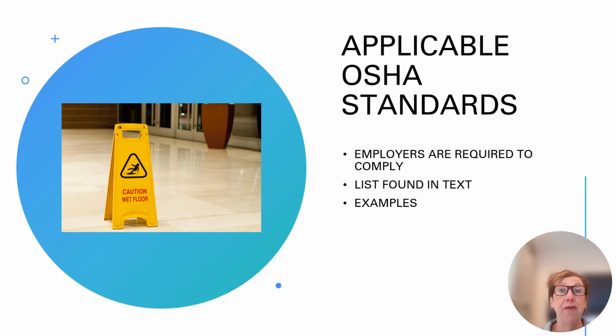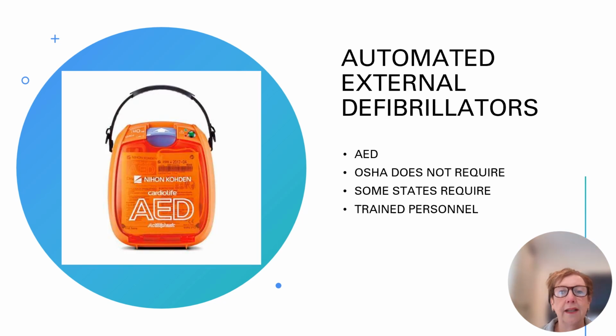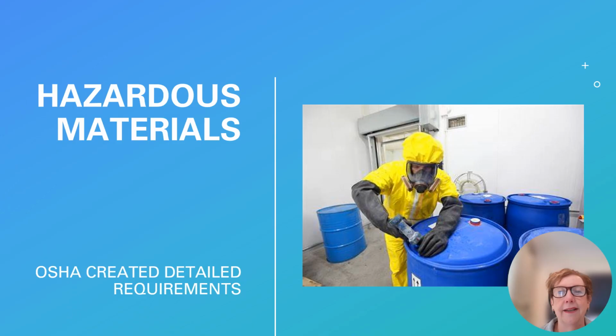These are just a few of the OSHA standards. Although OSHA does not require companies to have defibrillators at the worksite, many states do require such, along with having trained personnel in the use of the AED devices.